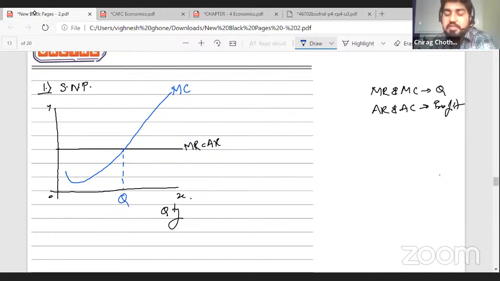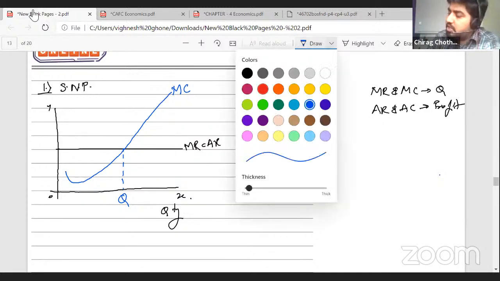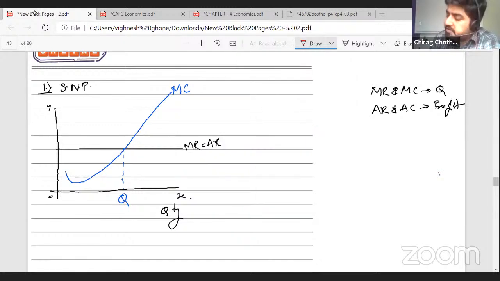Now at this quantity, whether we are making profit or loss depends upon the level of average cost, because we have average revenue. This is our average revenue, yes or no? Now we have to determine the average cost. Average cost is a U-shaped curve. So this becomes our AC.